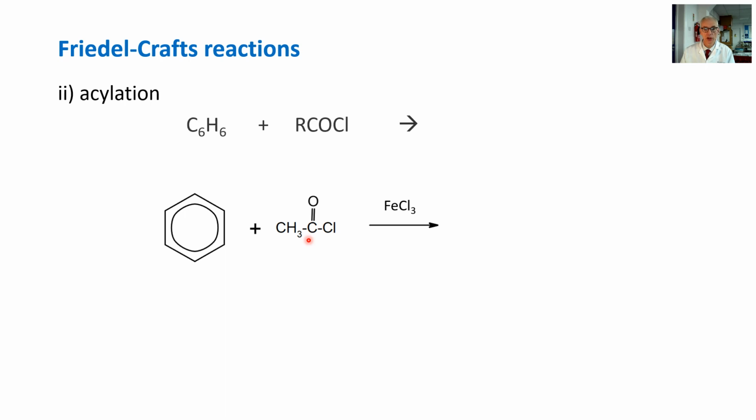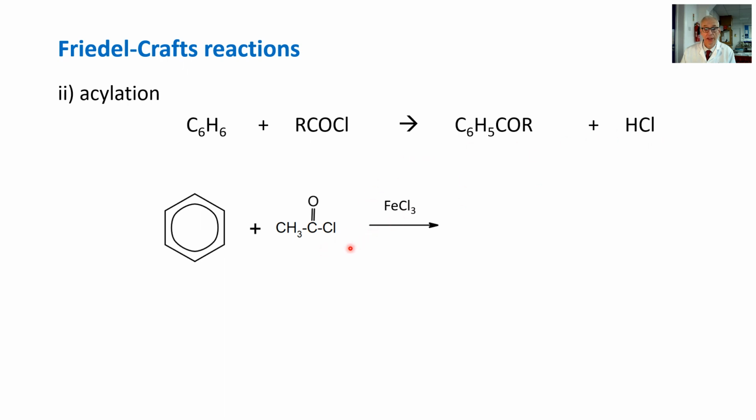So the equation would look something like this. Benzene plus RCOCl, so that's R, carbon double bond oxygen, carbon chlorine, an acyl chloride, and that will form an aromatic acyl compound, hydrogen chloride being produced as the waste product.